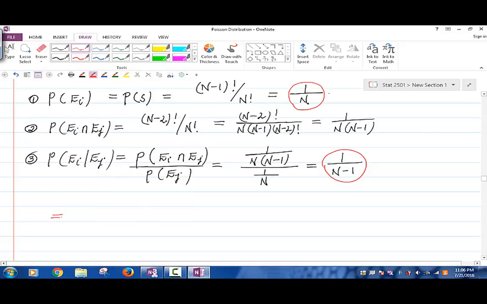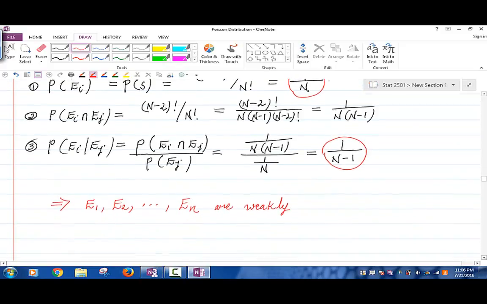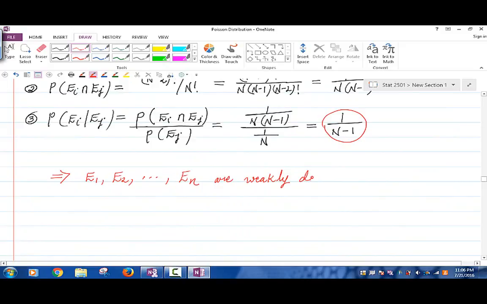So this implies that the events E_1, E_2, up to E_N are weakly dependent.